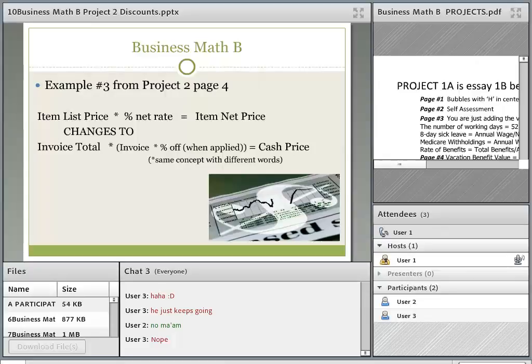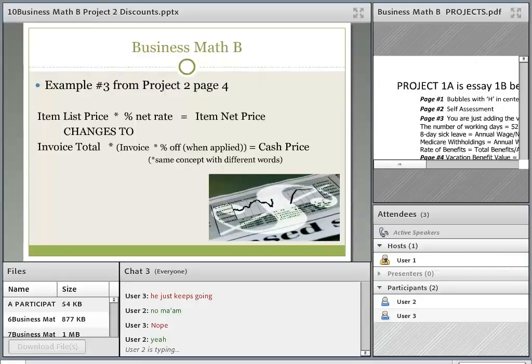If you noticed in the second one, did you see the words when applied? What do you think those mean? So the when applied, if you look, we're looking at terms for this one with cash discounts.